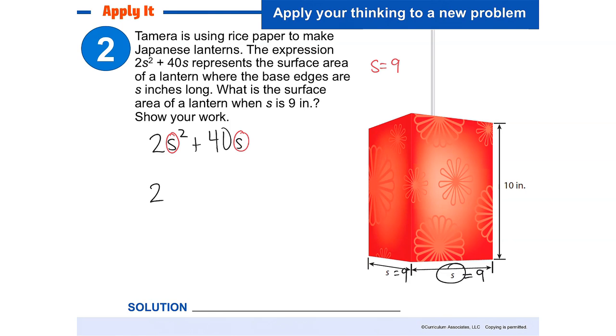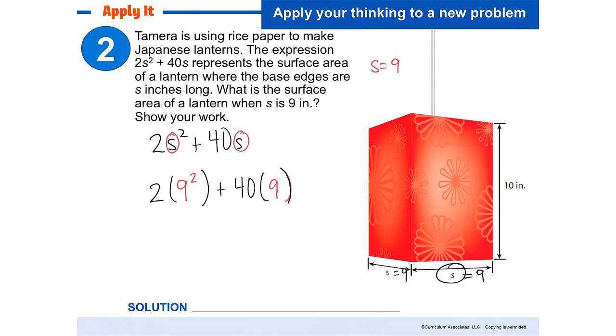So I have 2, and then we have 9, and I'm going to put that exponent with my 9 because the squared is happening to the s. So I'm just going to pair that here with the 9. Plus 40 times 9.